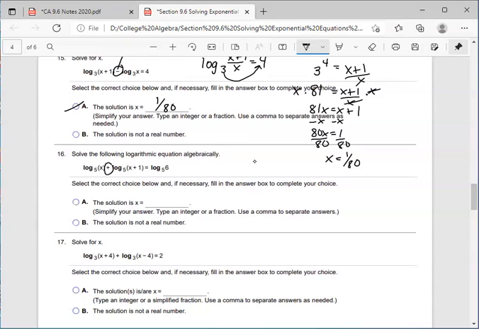We are adding, which means to multiply if we squish it back together, right? So the log base 5 of x times x plus 1 is equal to the log base 5 of 6. Since we've got logs and they're both the same on both sides, you can cut that part out and just say, well, then x times x plus 1 must be equal to 6.